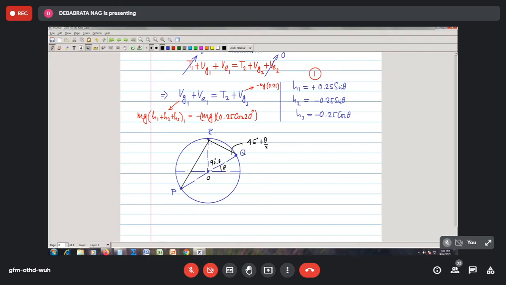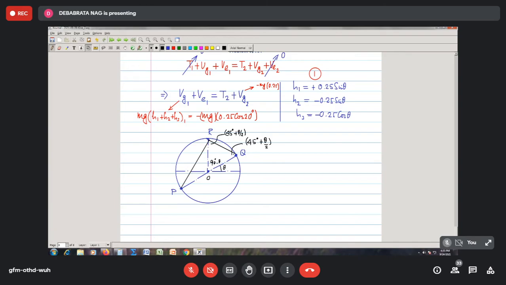That means this one will also become 45 degree plus theta by 2. Right? You understand? If you do not understand, please tell me. Is it okay? Yes, sir. Very good.